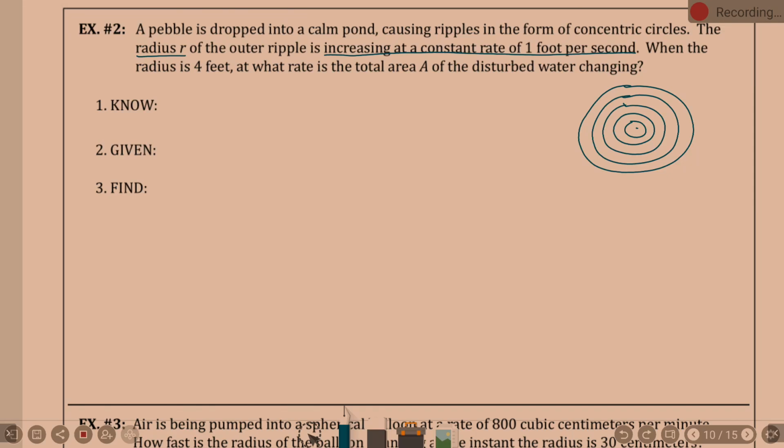We're talking about the change in radius per time. So what they're giving you is dr/dt. They're always going to give you some kind of information like that. You just have to be able to identify it. It's a change in r over time.